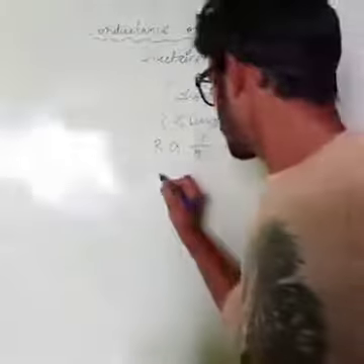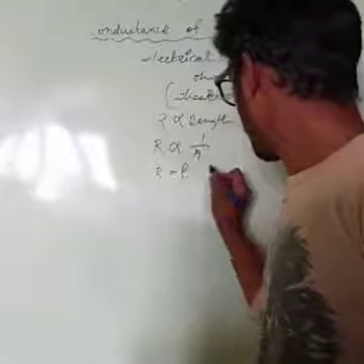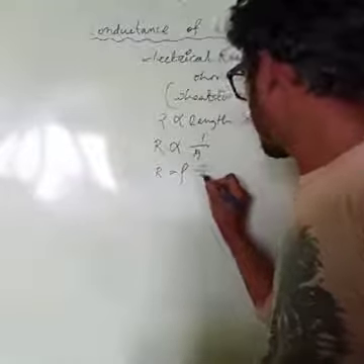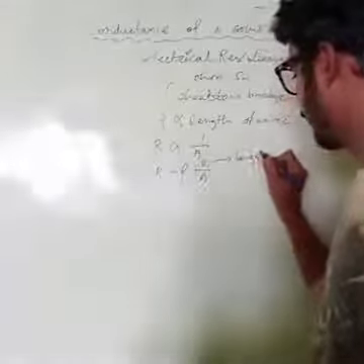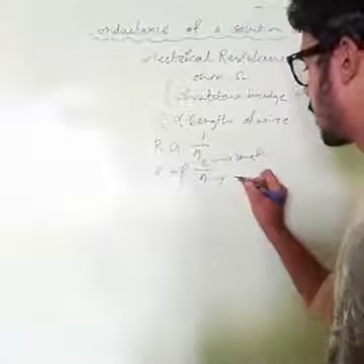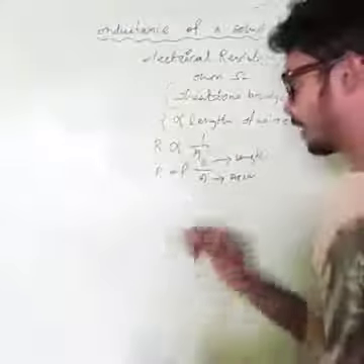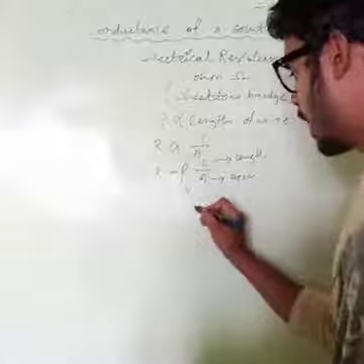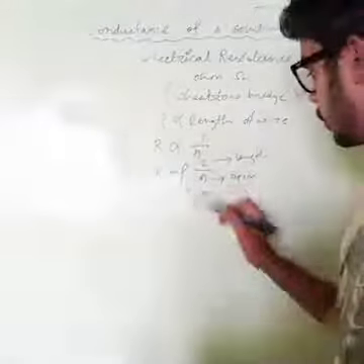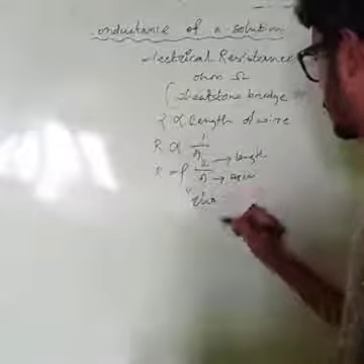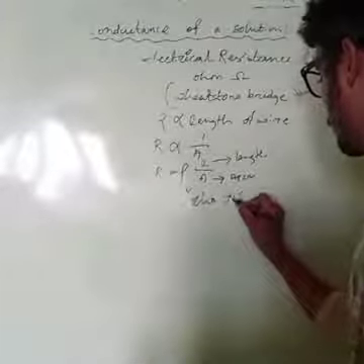So combining these two, what are we getting? R equals rho L by A. What is L? L is the length of wire. What is A? A is the area of cross section of the wire. And what is rho? Rho is nothing but resistivity.